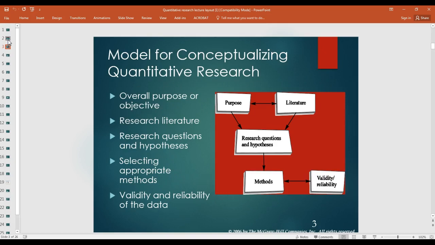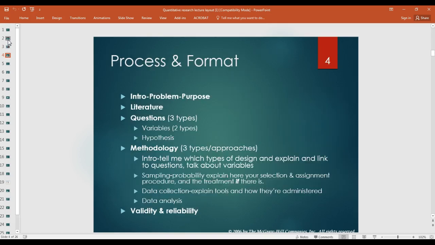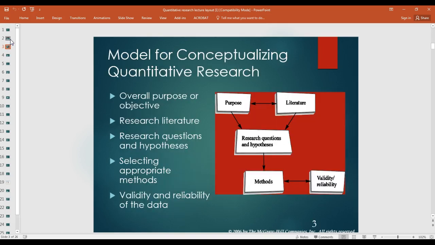Now, I want you to conceptualize the model, and the picture here gives you a description of the structure of quantitative research. I took this picture and tried to make sense of it for you in a linear way, so if you are a visual person, this will make sense to you.